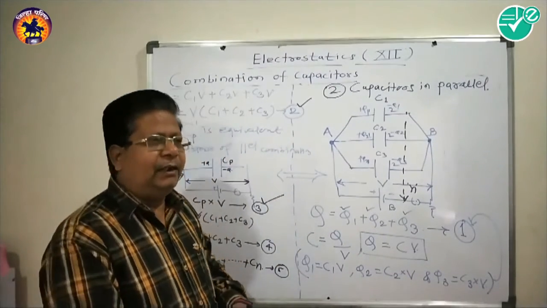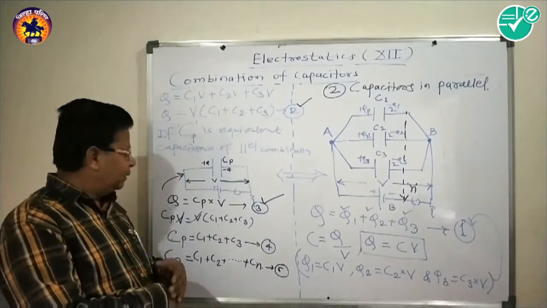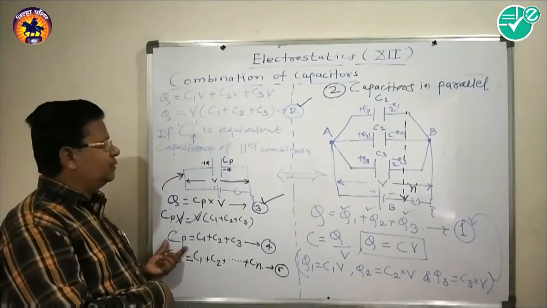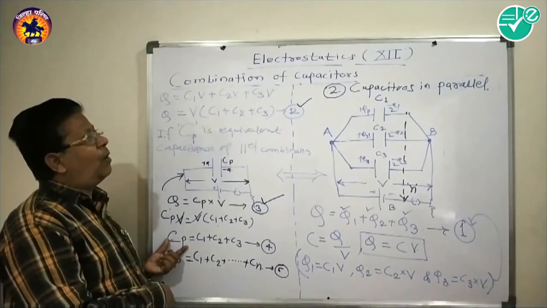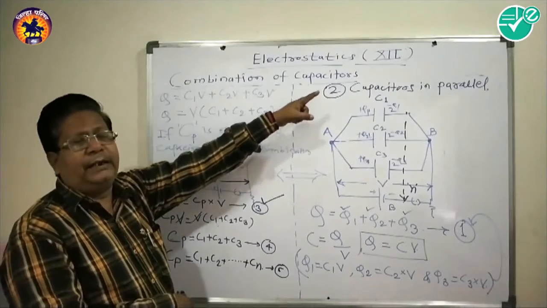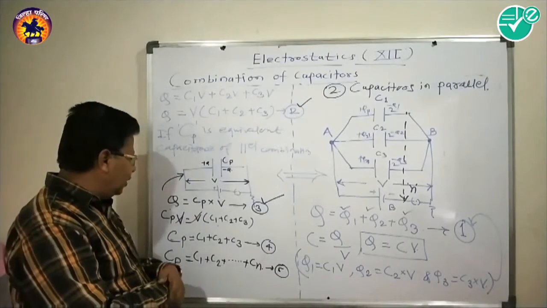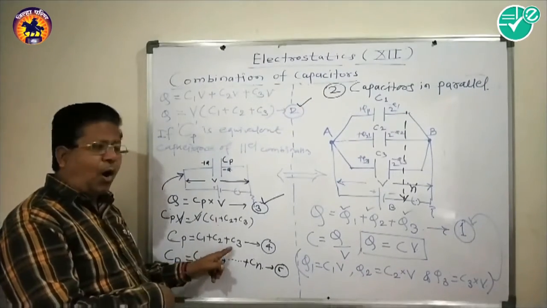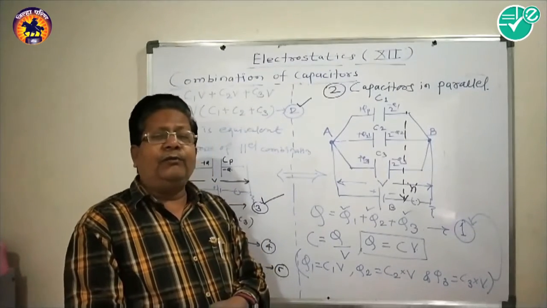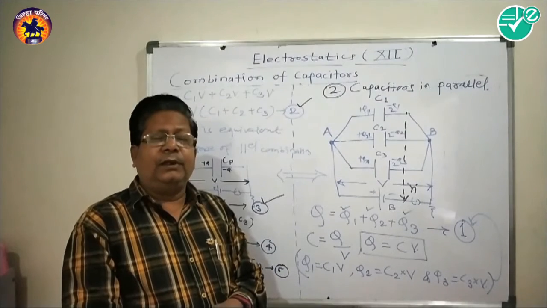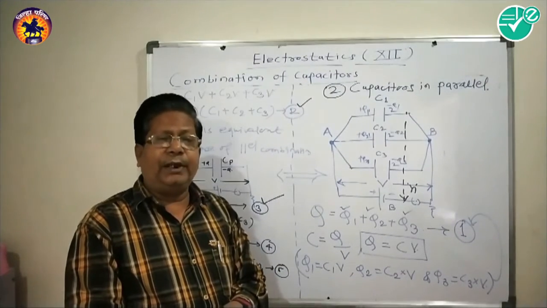Finally we have got the expression: the equivalent or resultant capacitance when a number of capacitors are connected in parallel is equal to the sum of the capacitances of the individual capacitors in the parallel combination.